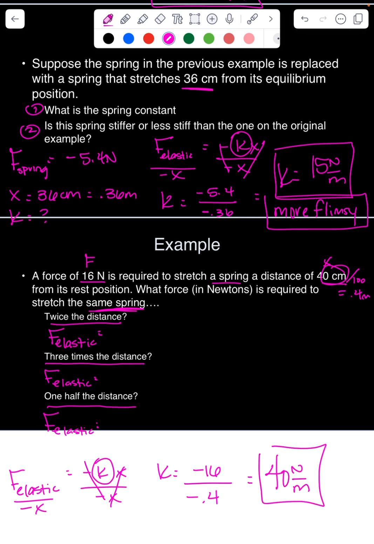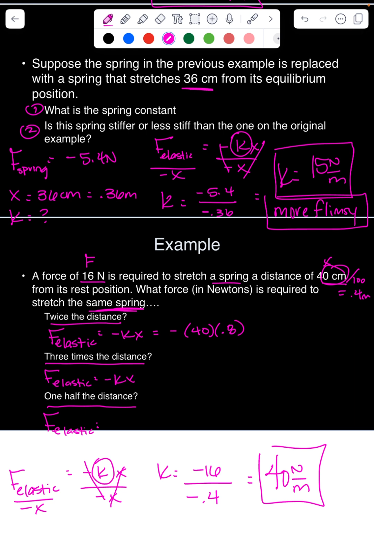So we're using the same spring with the same spring constant the entire time. So F elastic is negative kx. That's going to be negative times 40 times twice the distance. We started with 40, so this one's going to be 80, so that's 0.8.